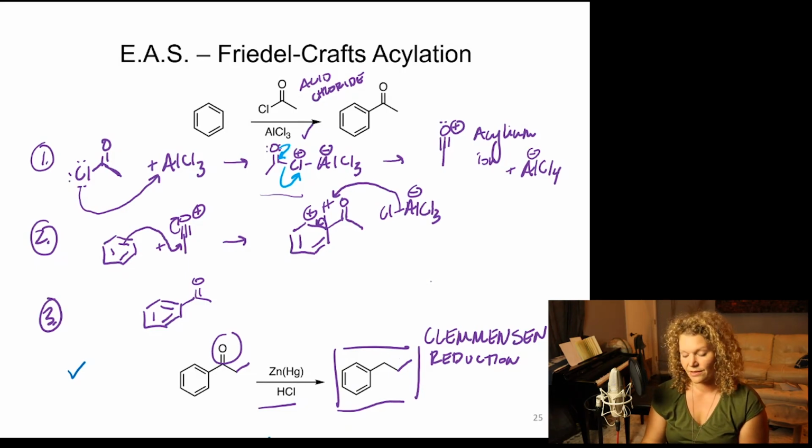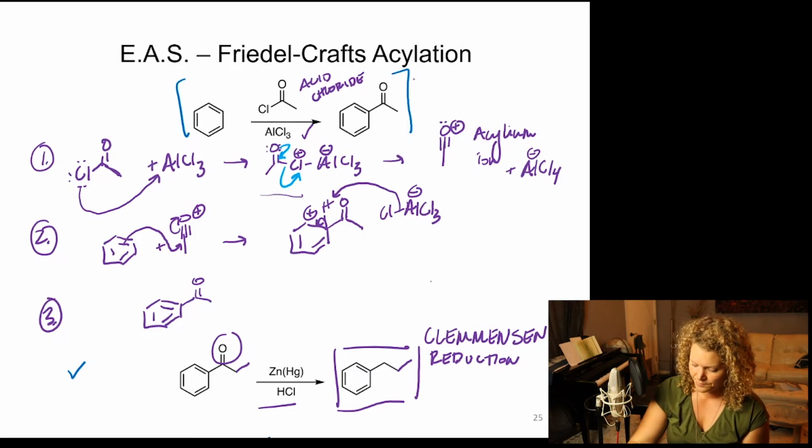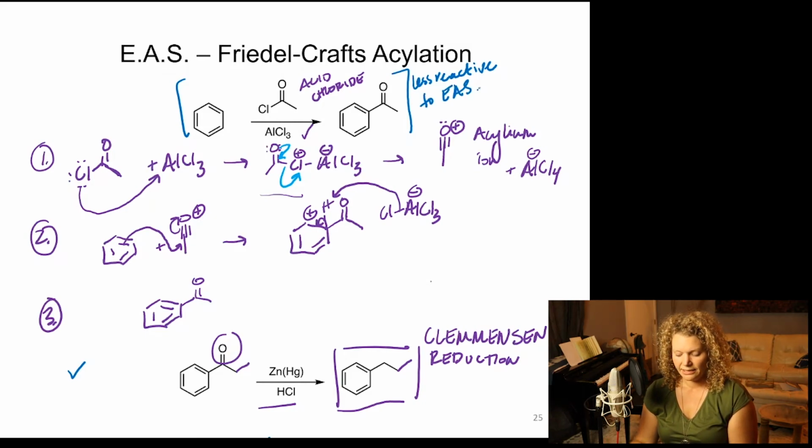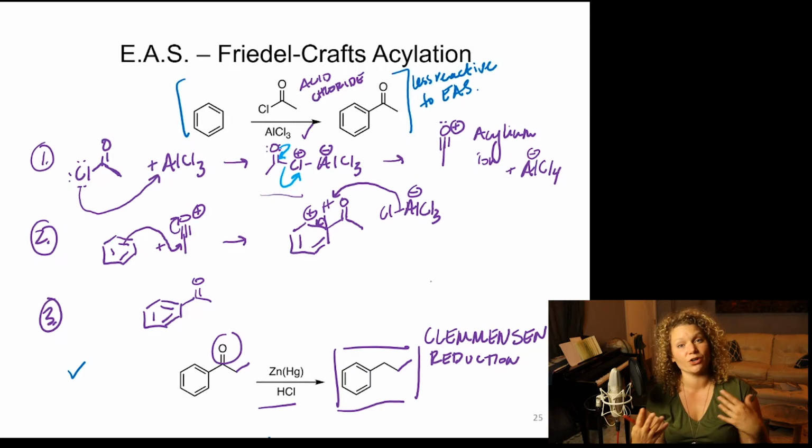Now, another thing that you will find is that the product here is actually less reactive than our starting material, our starting benzene. So it's less reactive to EAS. Now, why is this useful? Remember with Friedel-Crafts alkylation, over-alkylation could occur because our product was more active.